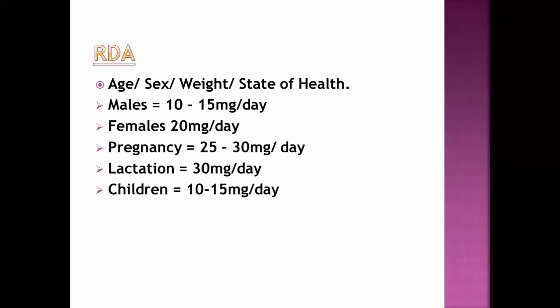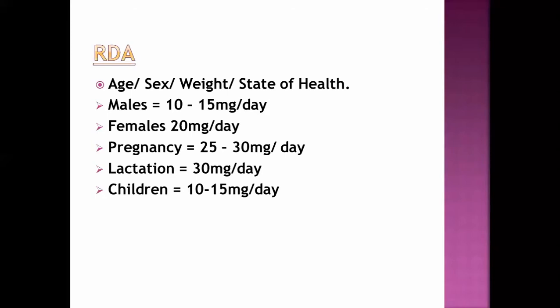In the males, the daily required allowance of the iron is 10 to 15 milligram per day. In the females, 20 milligram per day. During pregnancy, pregnant ladies require more iron, especially in the second and third trimester, 25 to 30 milligram per day.